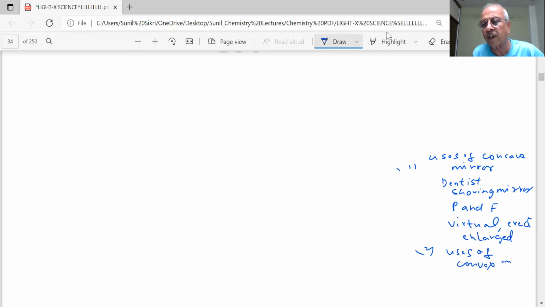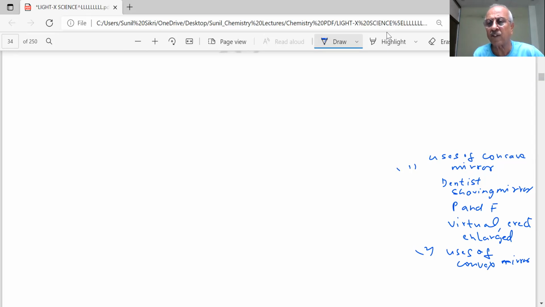Can you tell me one important use of convex mirror? The most important use of convex mirror will be asked in the paper repeatedly, in MCQ form also. We will show you the questions. What is the main use of convex mirror?